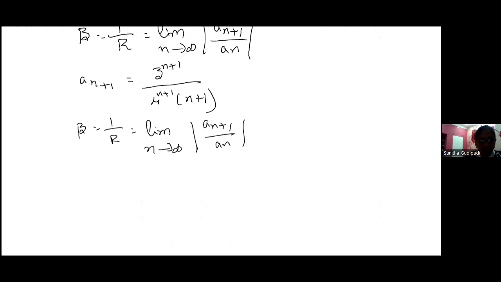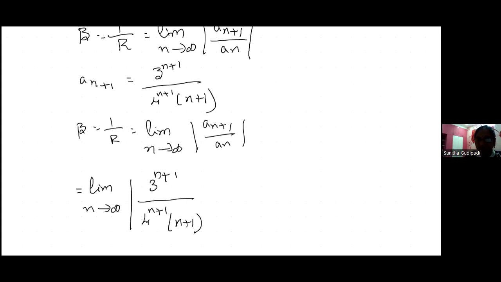So this is limit n tends to infinity modulus of 3 to the power n plus 1 divided by 4 to the power n plus 1 into n plus 1, divided by a_n.